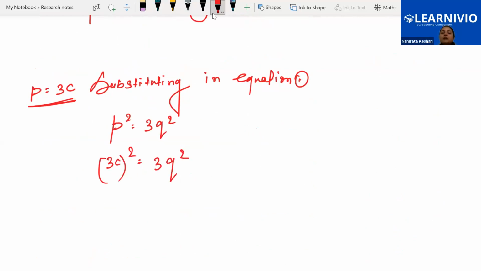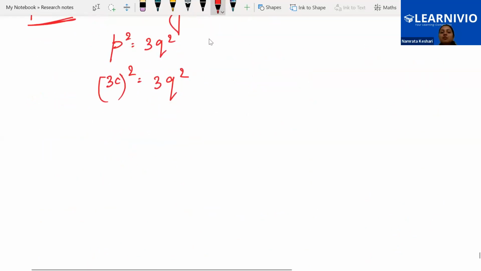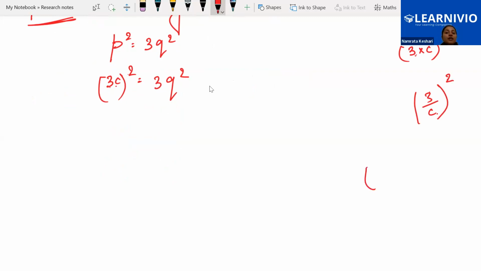Let's do the squaring. The exponent rule says that we can distribute the exponent to 3 and to C also. I have mentioned already in our class that when we have multiplication or division, then only we can distribute the exponent. But when we have addition or subtraction, be careful. I have seen most of the students write 3 square plus C square, which is completely incorrect.